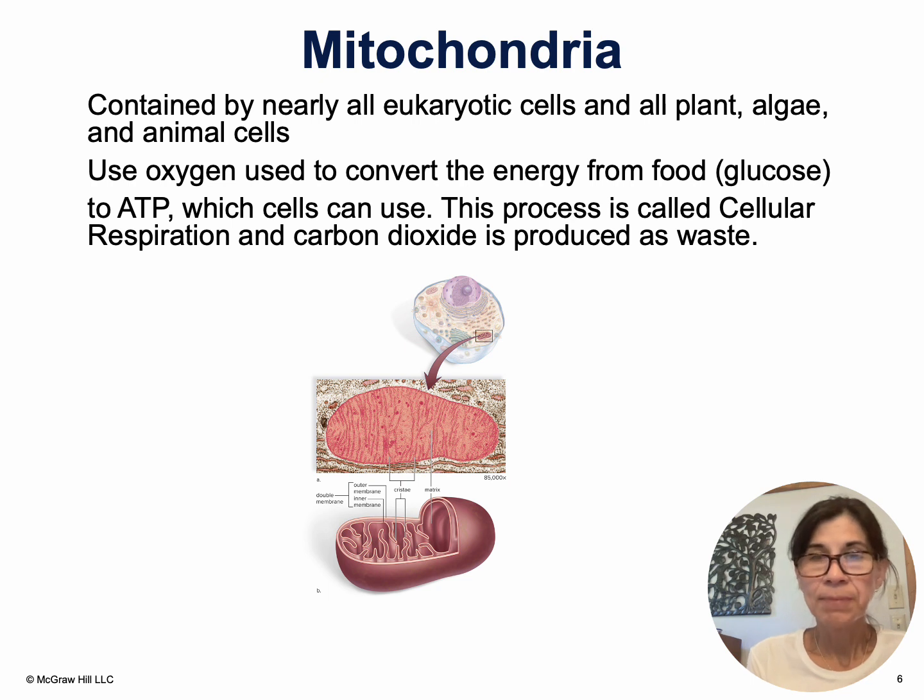It uses glucose, it uses oxygen to make ATP, and carbon dioxide is produced as waste. So this kind of explains why we need to breathe to get oxygen, why we need to eat to get glucose, and then why we need to exhale, release carbon dioxide to produce this molecule called ATP that is used in our cells for all sorts of processes.